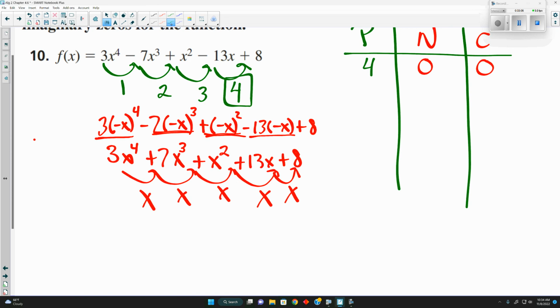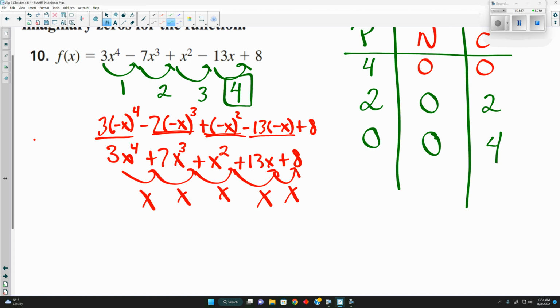So the number of positives could also be 2, the negatives is still 0, and the complex is 2. Can we take 2 more away from the positives? That should be 0, 0, and 4. So it could be that this equation has 4 complex solutions.